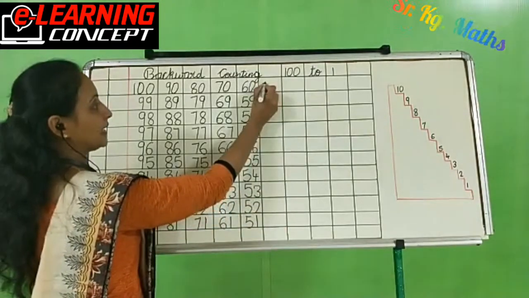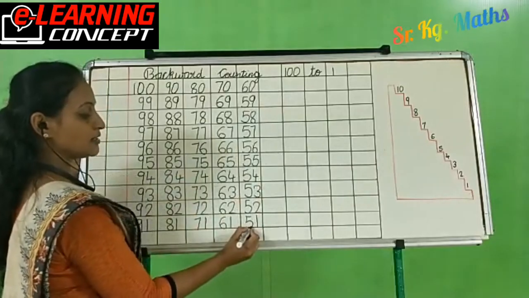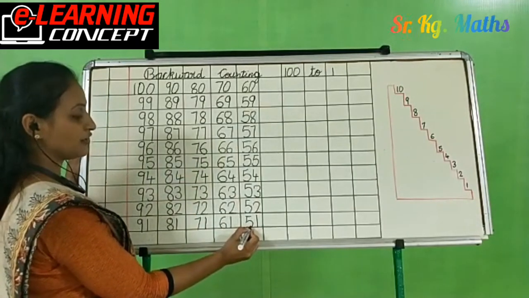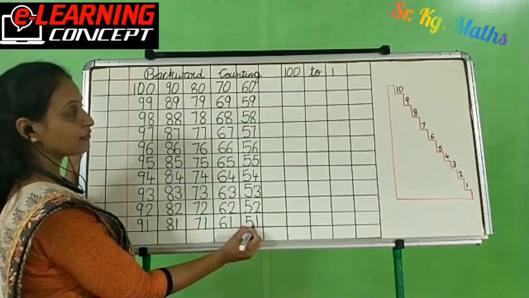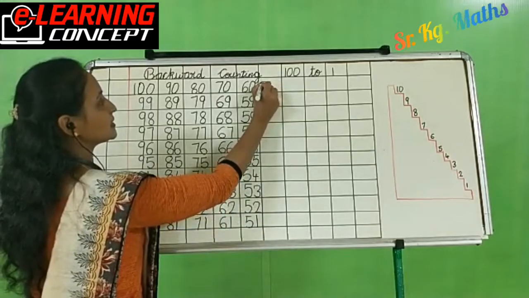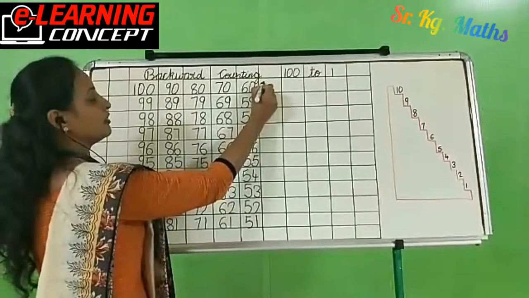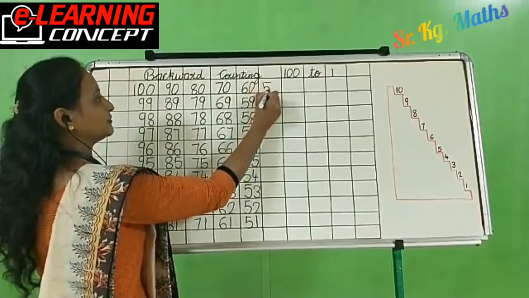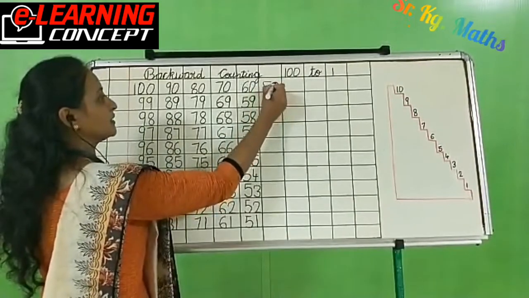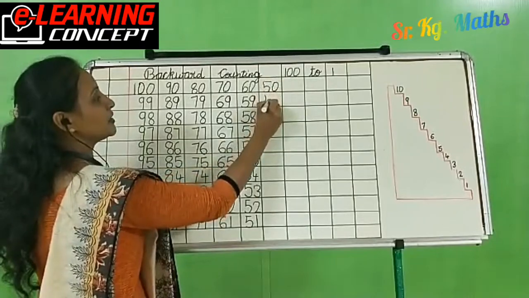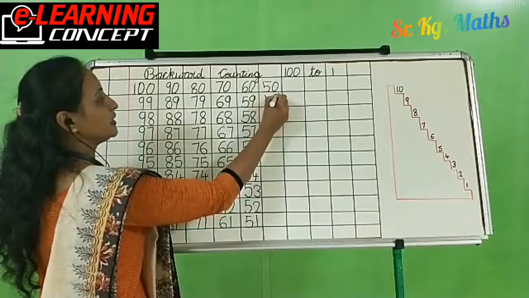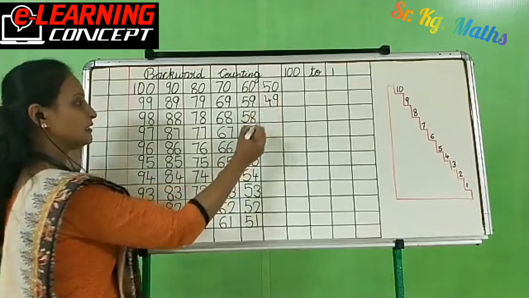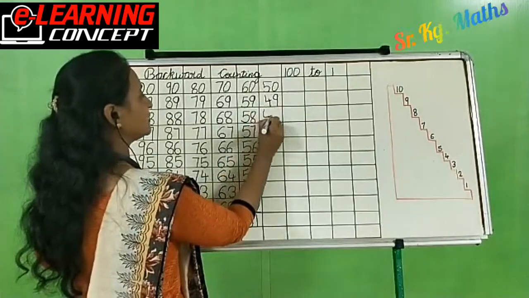Then write here the number before 51. Which number comes before 51? Yes. 5, 0, 50. Then which number comes before 50? 4, 9, 49.